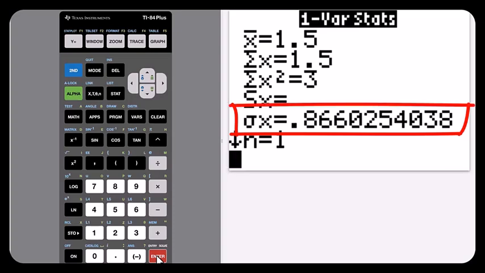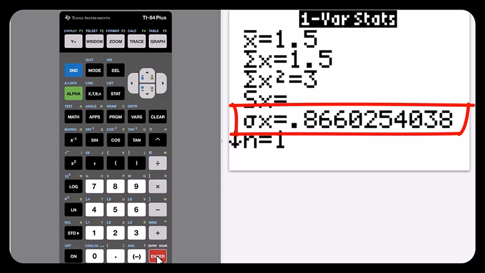That says the standard deviation for the population, which is what all of those values in the random variable x are, a population of values. It says the standard deviation for that is 0.8660, rounded off to 4 decimal places. That's the actual standard deviation. That's what you would get if you plugged all those values into that formula and did it by hand. Here the calculator just gives it to us that fast.